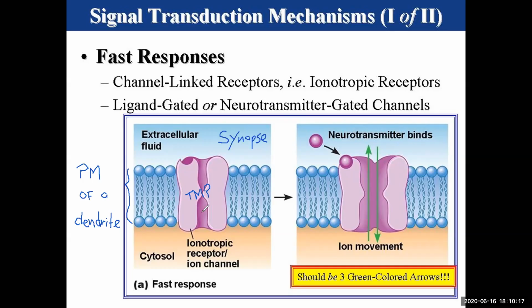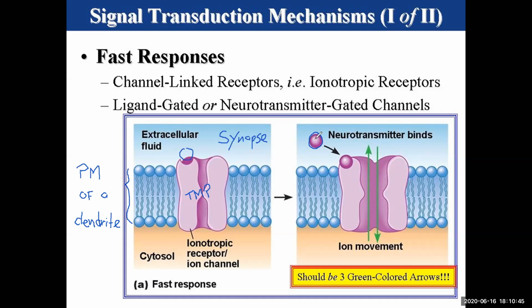Now we learned that previously, right? Okay, so over here, you see the neurotransmitter. So this is one neurotransmitter molecule. The neurotransmitter binds to the receptor. So this is the binding site for the neurotransmitter on the receptor.